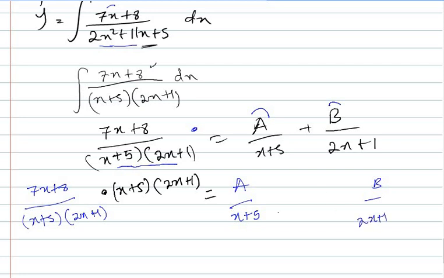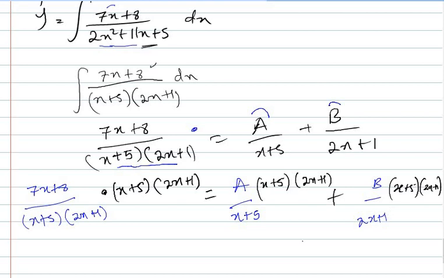So we multiply through by the denominator: (x plus 5)(2x plus 1), and then for this we have plus in the middle, and for this one (x plus 5)(2x plus 1).